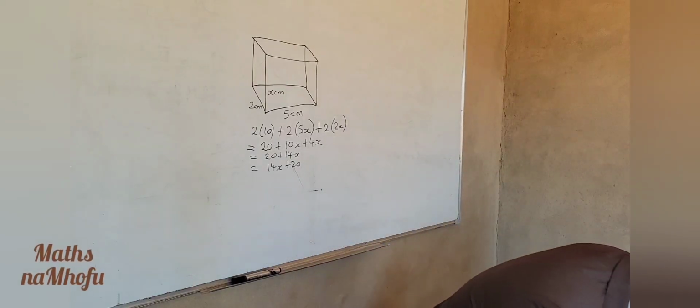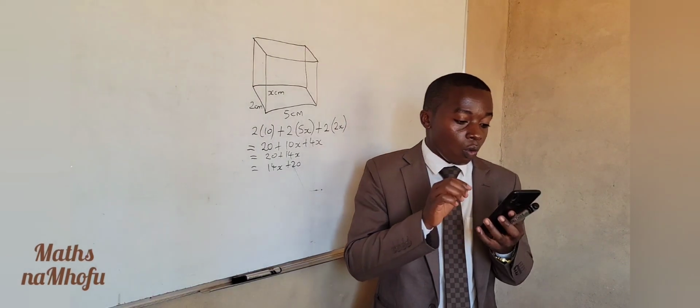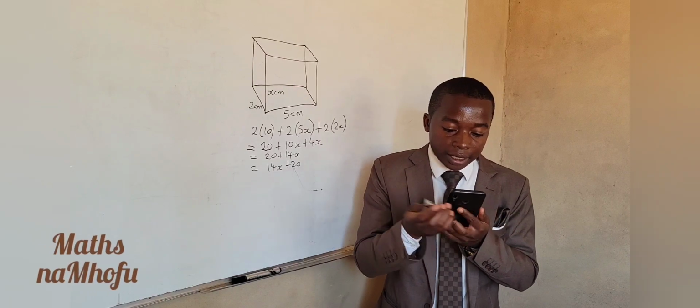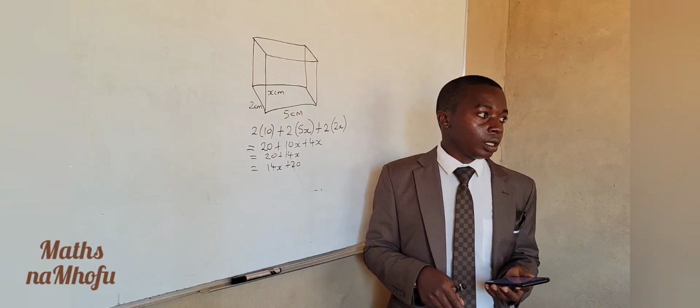I hope that this is very clear, right? Because the question states to form an expression in terms of x for the total surface area of the cuboid. So that's the expression, right?